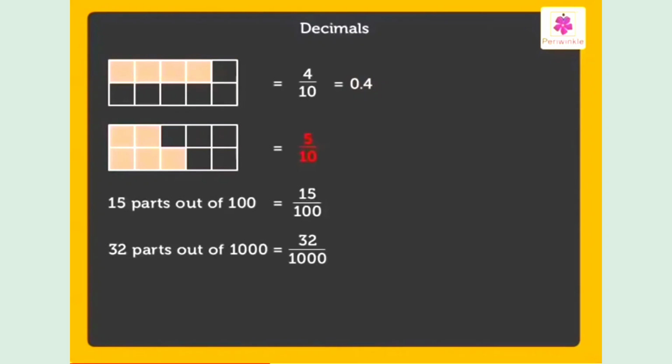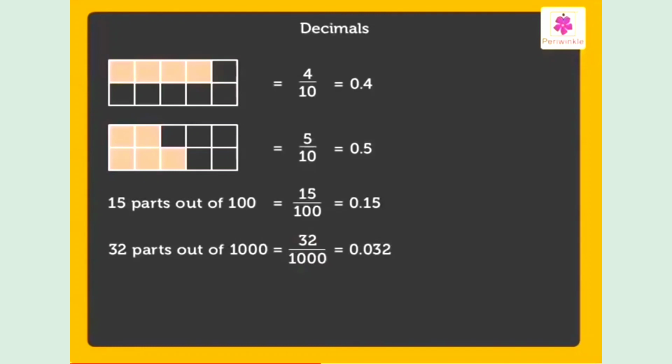Similarly, 5/10 is represented as 0, then a point, and then 5, read as 0.5. 15 hundredths is written and read as 0.15. 32 thousandths represented as 0, then a point, then a 0, then 3, and lastly 2.